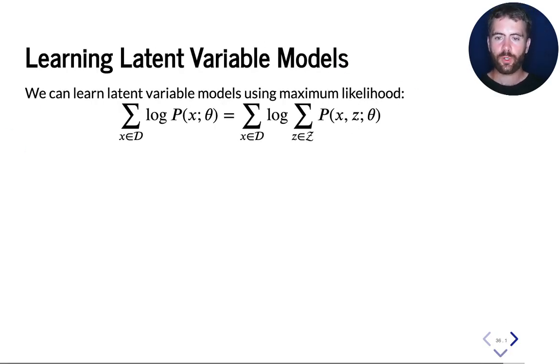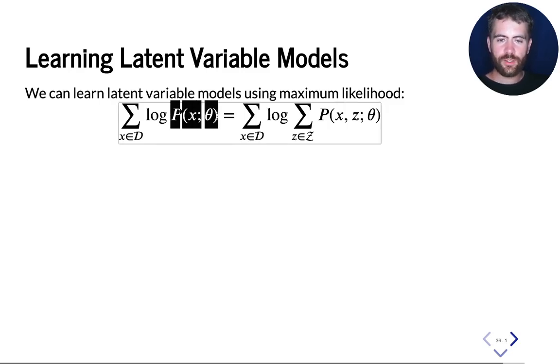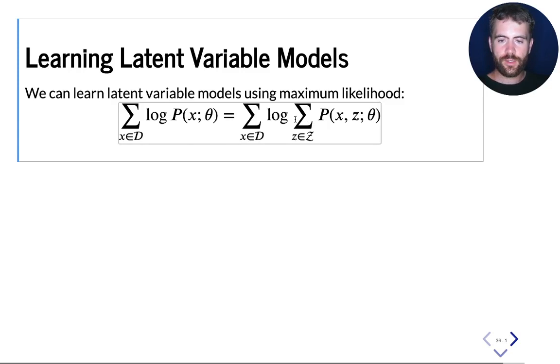So latent variable models are interesting and powerful, but they also have limitations. The main limitation is that they are difficult to learn. We can apply the principle of maximum likelihood to learn these models. They do define a probability over x, but because it is a latent variable model, this term is actually a sum over all the z's.